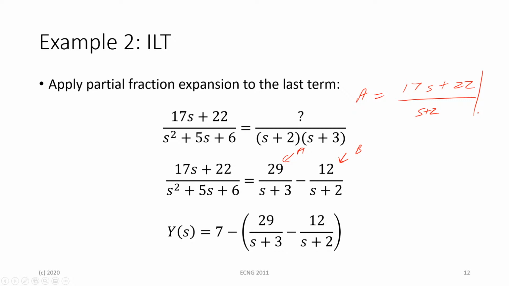Then we substitute in for the part where s plus 3 equals 0, so s needs to be minus 3 here. If we do this substitution, we will get a value of 29. I'm going to pull up a calculator just to make sure this answer is correct.